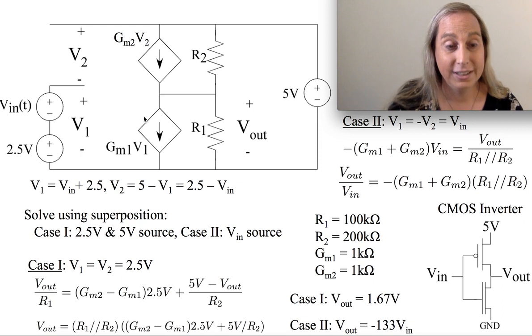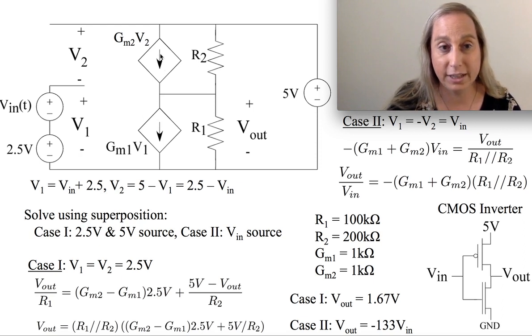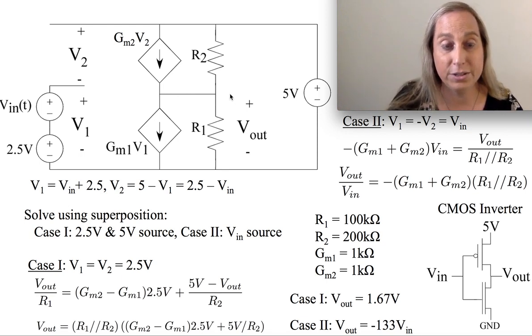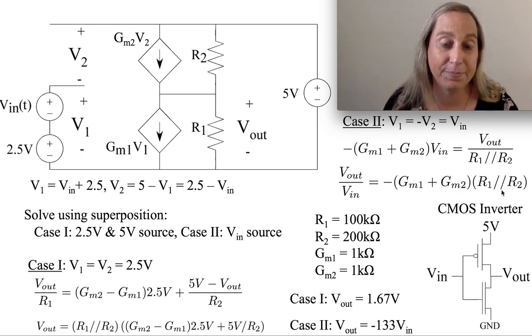And so instead of this one minus this one being the current coming out here, I've got this one plus this one is the current that comes out here. That definitely changes a lot of possibilities. And that goes into V out, which is a parallel combination of R1 and R2 across it. It gives me a very nice structure: V out over V in is minus the two current source parameters and the parallel combination of the resistors.